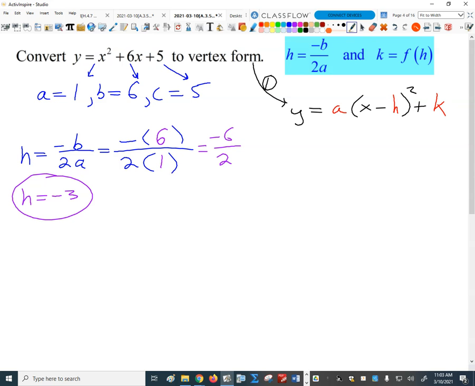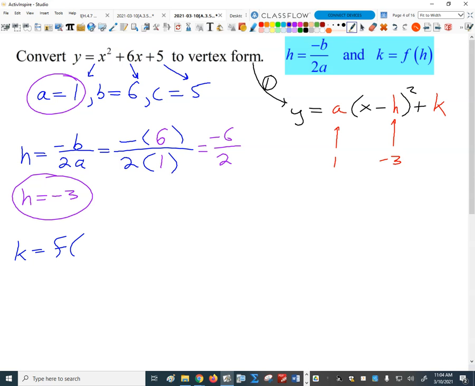And we're going to plug in some numbers. Well, we already have two numbers. We know a, right? So we're plugging in a value 1 for a. We know h. That's negative 3. The only thing we have left to do is to calculate k.